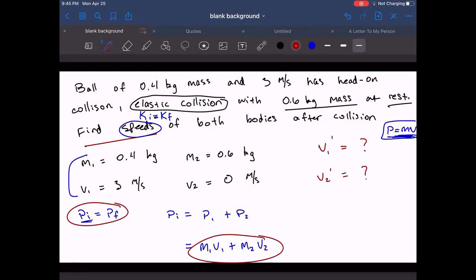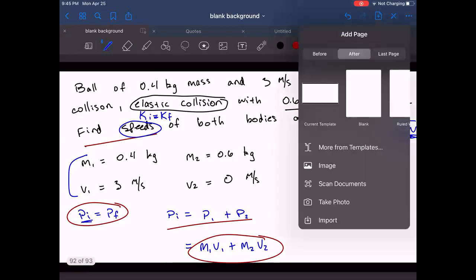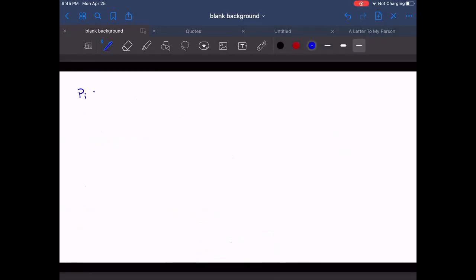Yes. Why? Because of this. Again, what I just said, this is what you start with, conservation of momentum. What's the left-hand side of that equation?